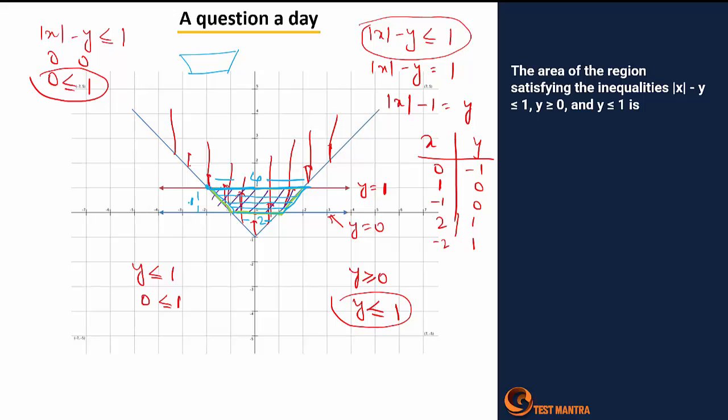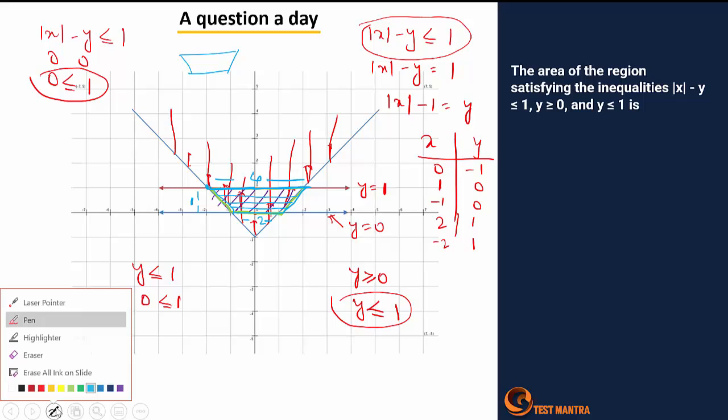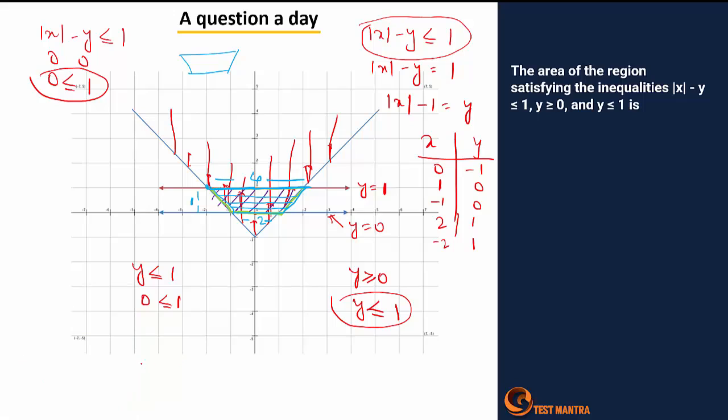Now if we go by the formula for the area of a trapezium, with parallel sides A and B and height h, the area is half of A plus B into height h.